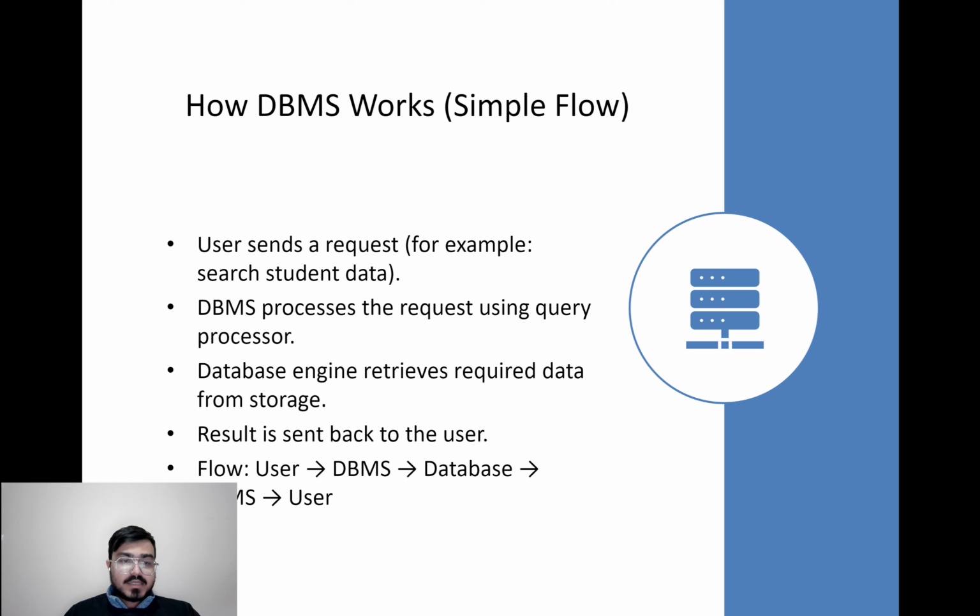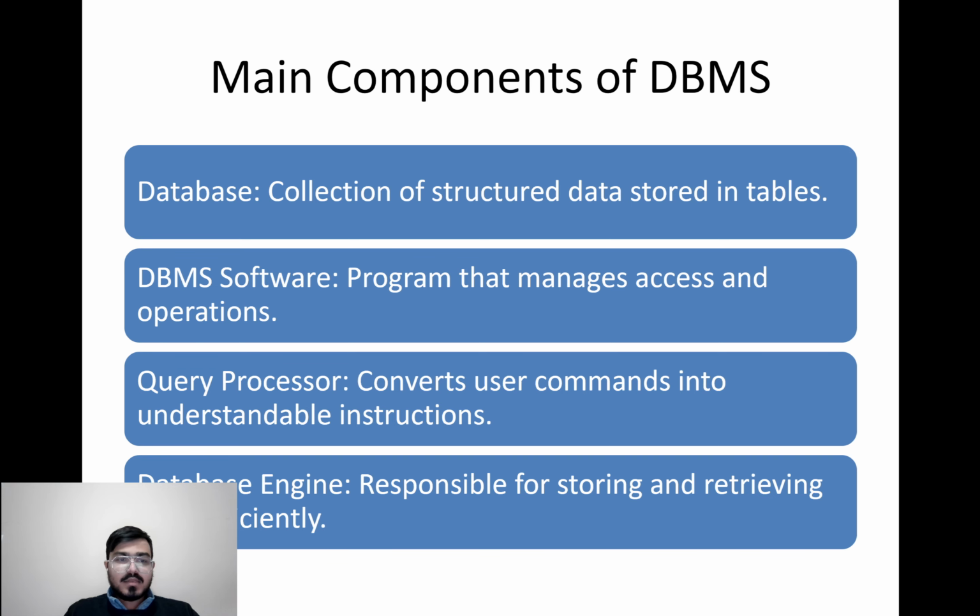Finally, the result is sent back to the user. So the simple flow is user, DBMS, database, DBMS, user. This means the DBMS acts like a smart middle layer between the user and the database. So it controls everything. Let's move to the next slide.